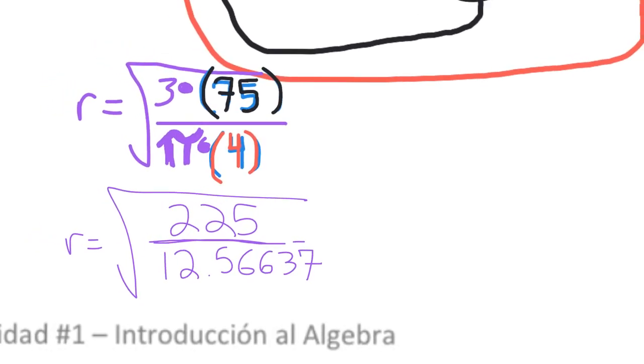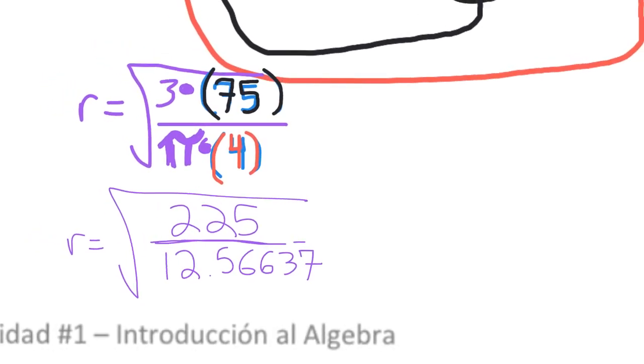Give ourselves a little more space here. I'm going to quickly erase that right there. And equals, so what's this equal to? Let's see. 225 divided by 12.56637. Enter.